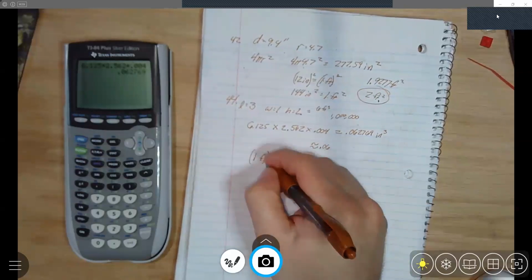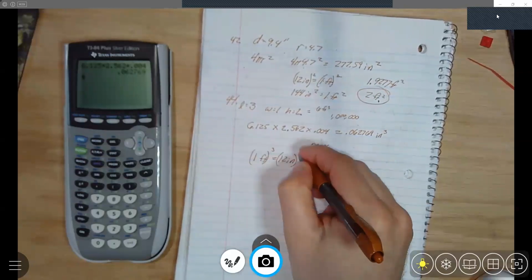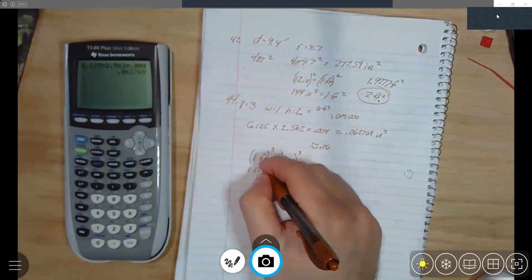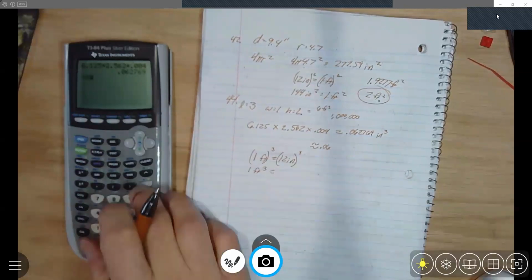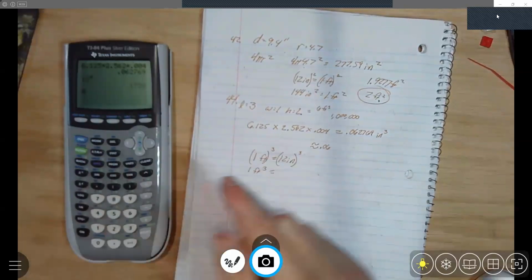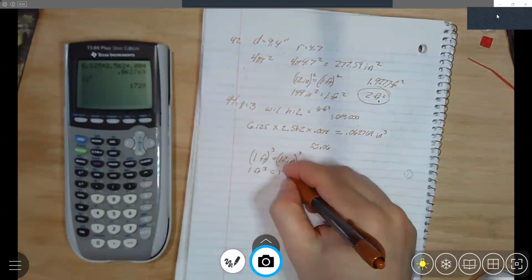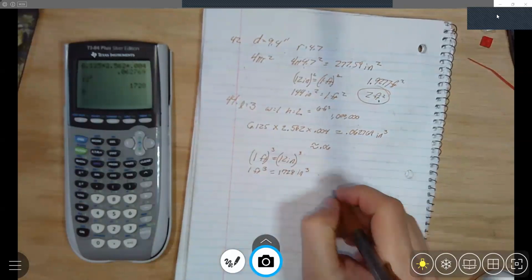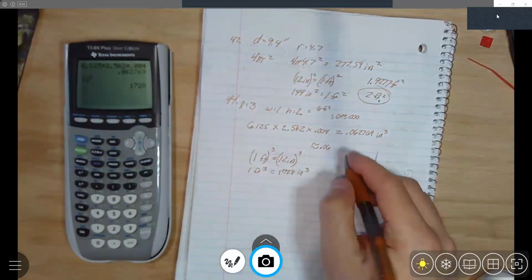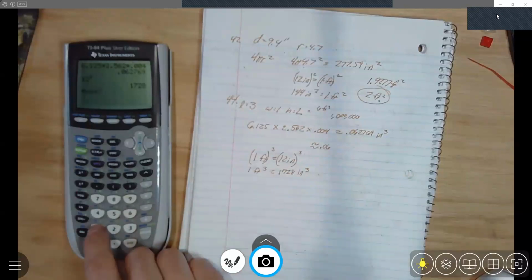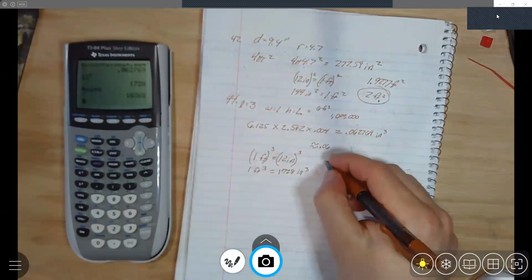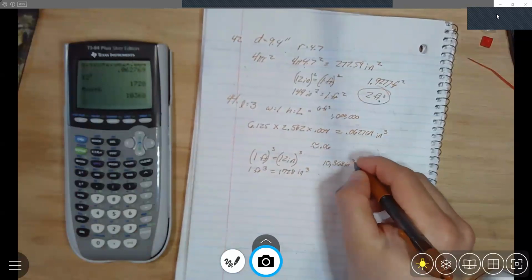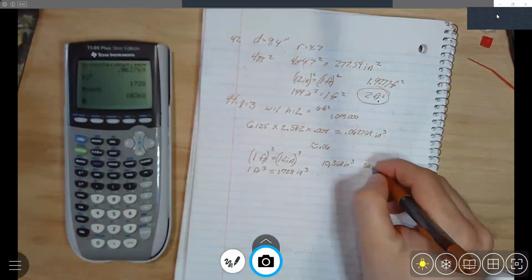So 1 foot cubed is a cubic foot. So 1 cubed is 1. 1 foot cubed equals 12 cubed, like 1729, I think. Sorry, 1728. 1728 cubic inches, right? 12 cubed, inches cubed. So we're going to take our 6, multiply it by 1728, and we get the suitcase holds 10,368 cubic inches. So this is my suitcase.